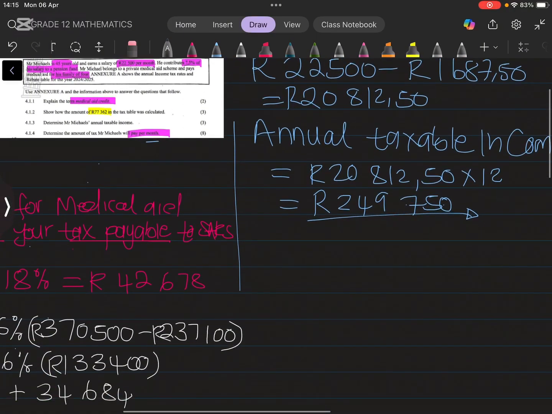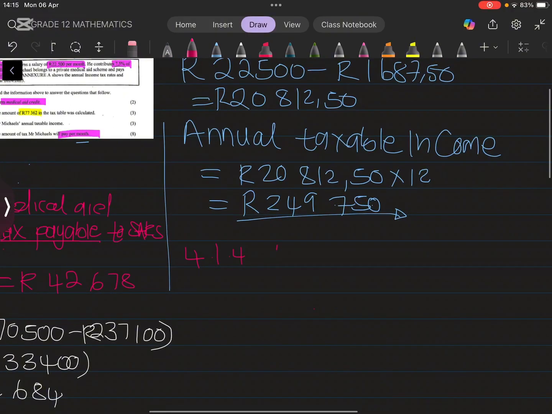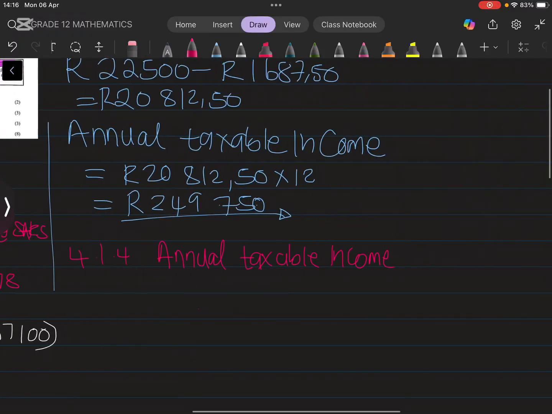So we now know his annual taxable income. Now we're on 4.1.4. We know his annual taxable income will be 249,750.